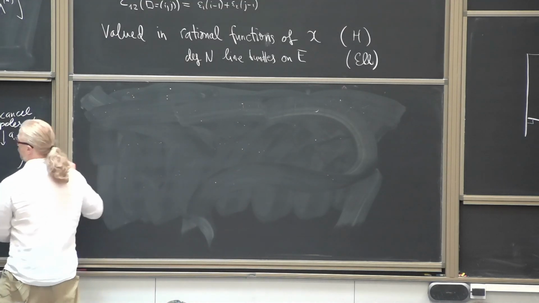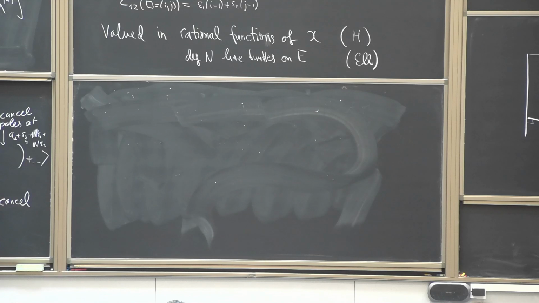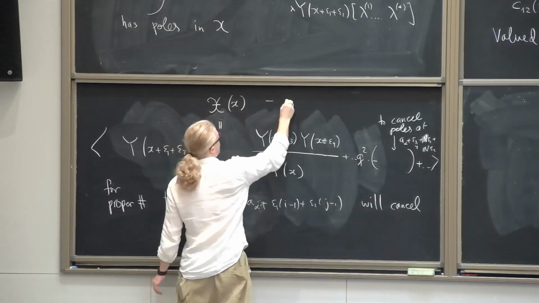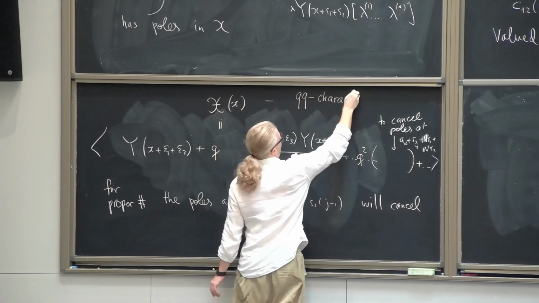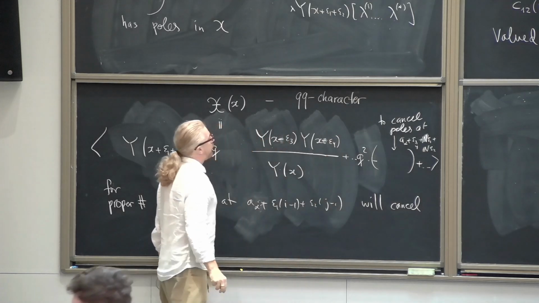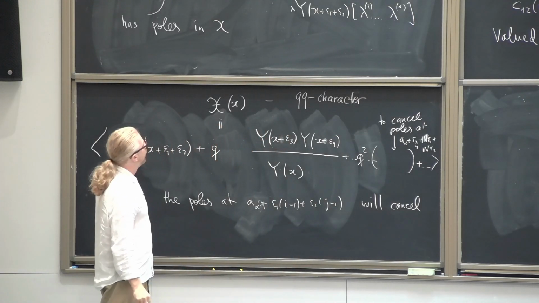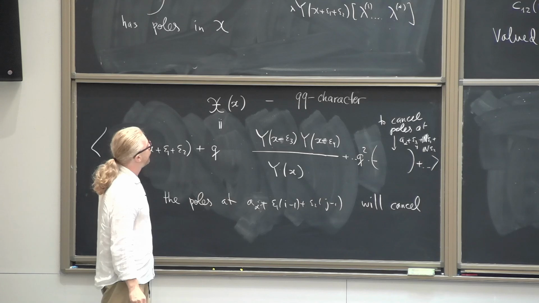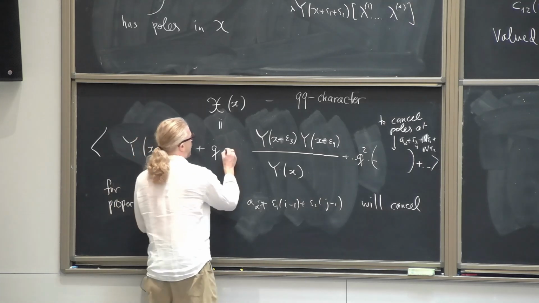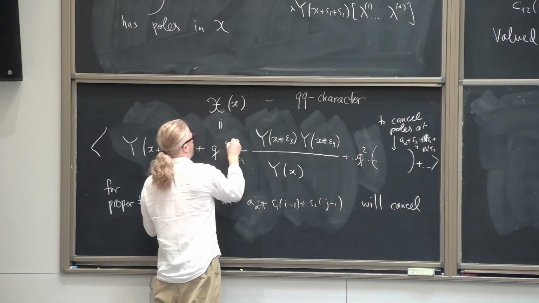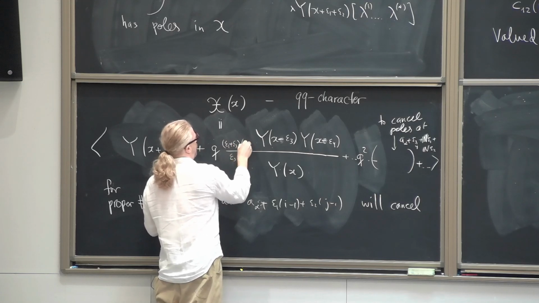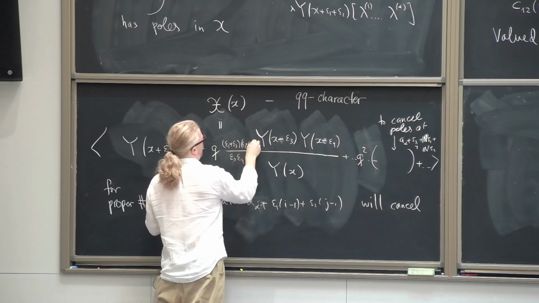So the whole thing is now called the X observable. Actually it's chi. And this observable is called the QQ character. I think it actually has a term already at this order. Right.